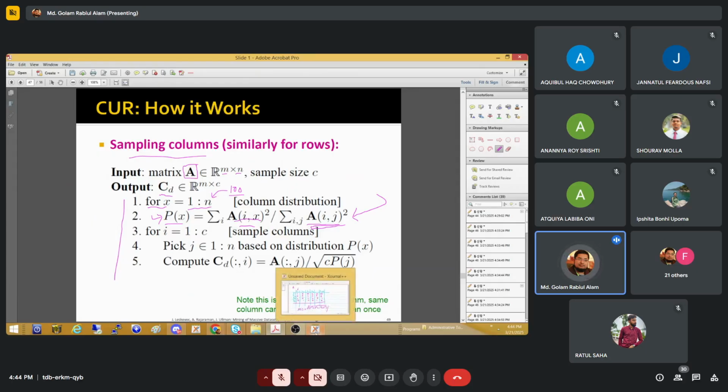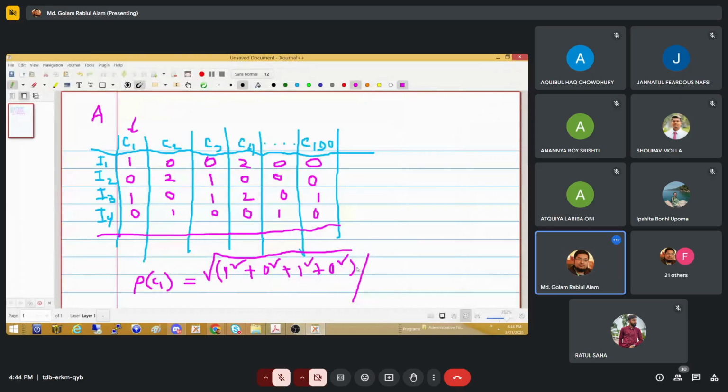So specifically, it will be the square root of 1 square plus 0 square plus 1 square plus 0 square.